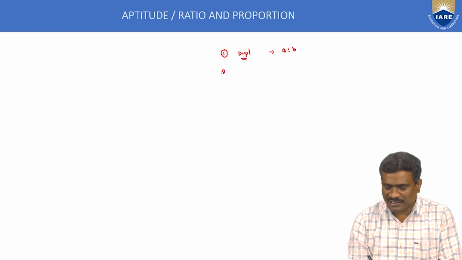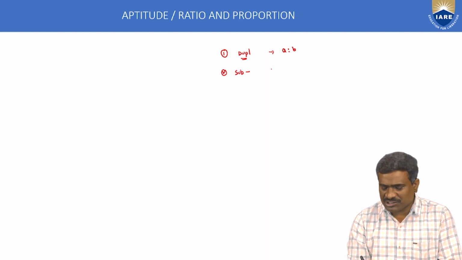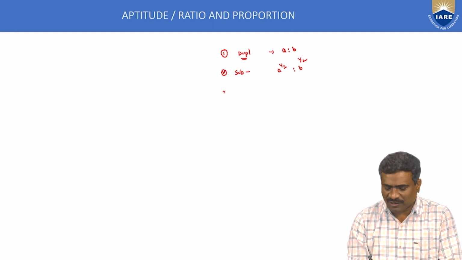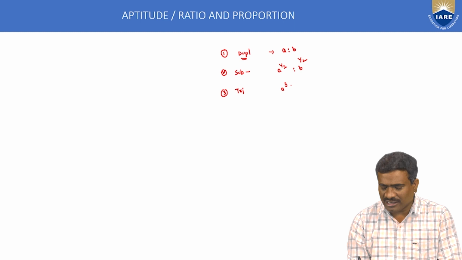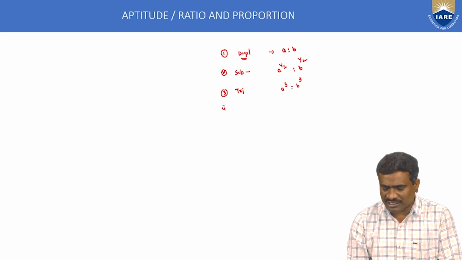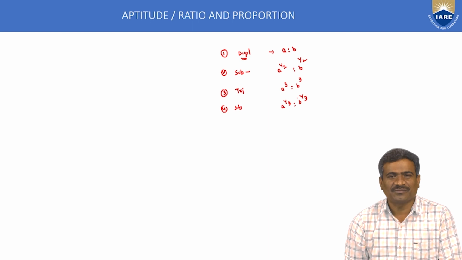Next, second point: subduplicate ratio of A and B is equal to A power 1 by 2 is to B power 1 by 2. Next, third point: triplicate ratio of A and B is A cube is to B cube. Subtriplicate ratio of A and B is A power 1 by 3 is to B power 1 by 3.